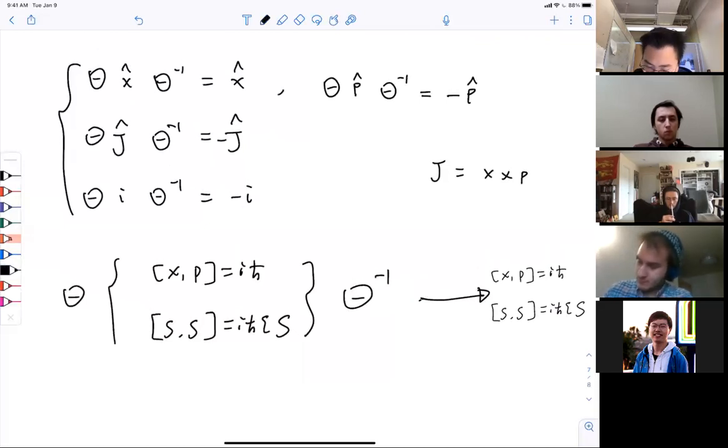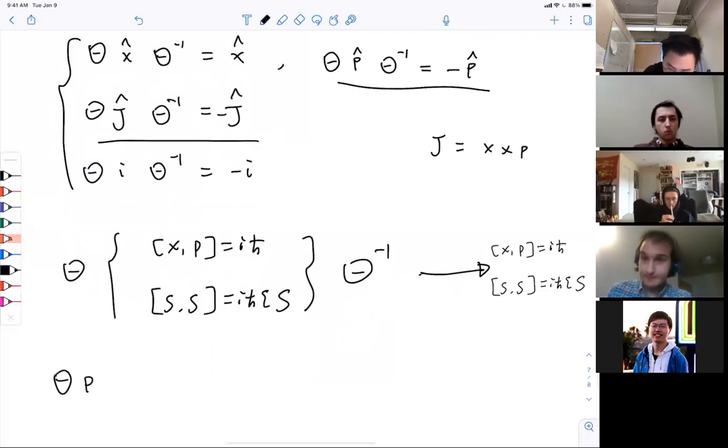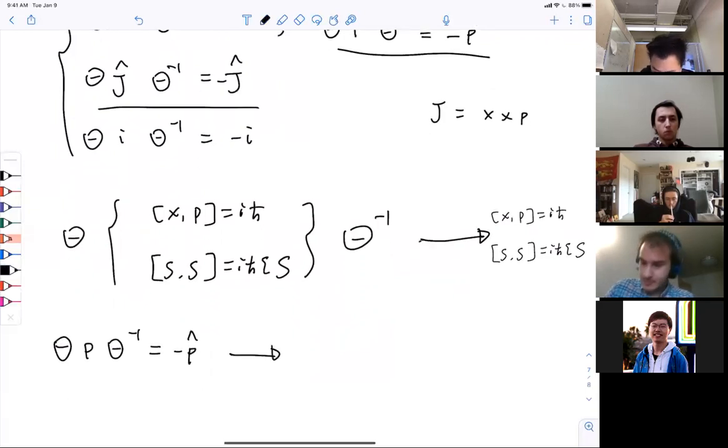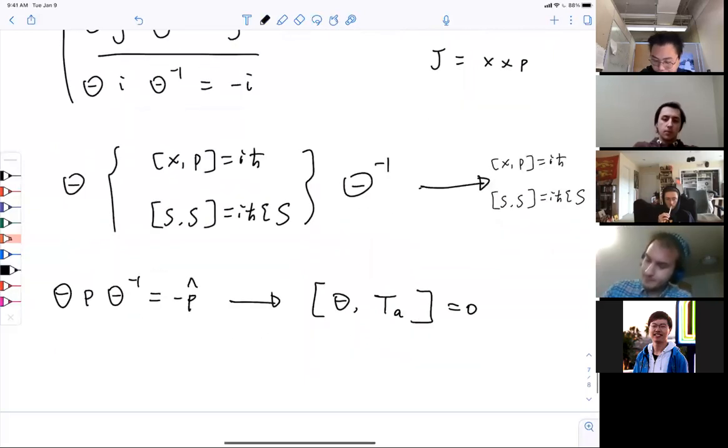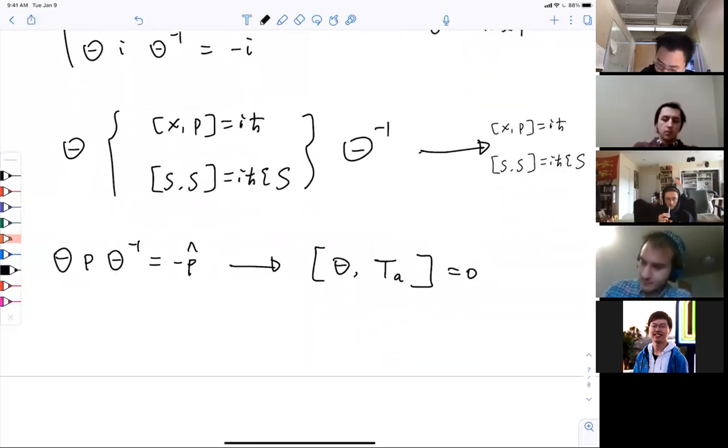And you can also see a lot from these basic commutation relations. For example, from this fact, we can say that time reversal actually commutes with translation, right? Because translation can be written as exponential of minus i P a.